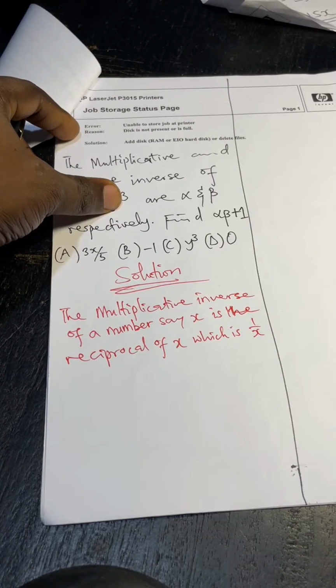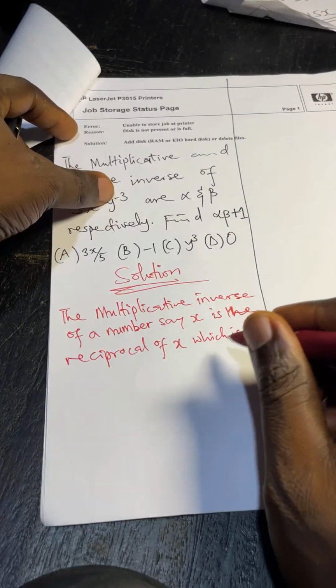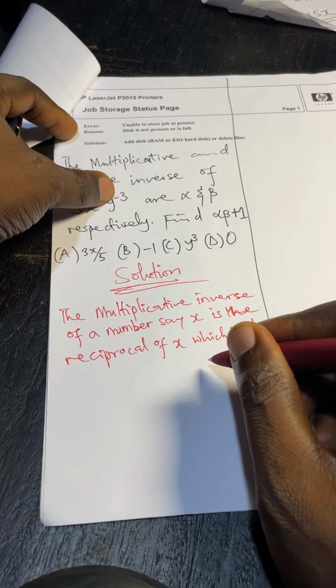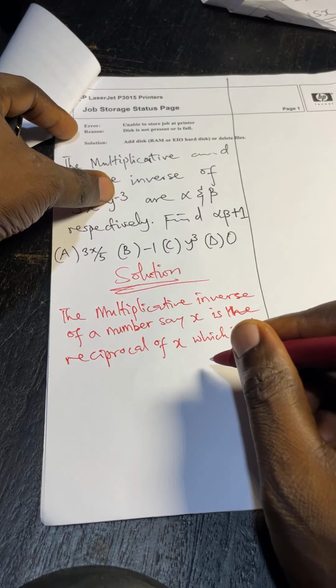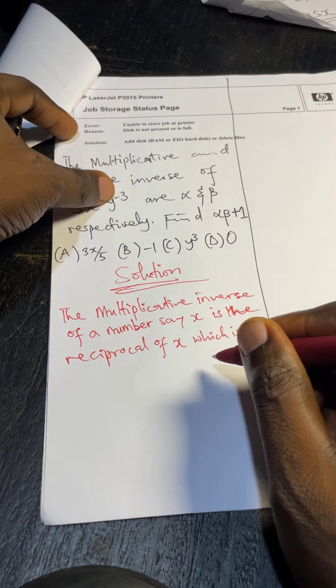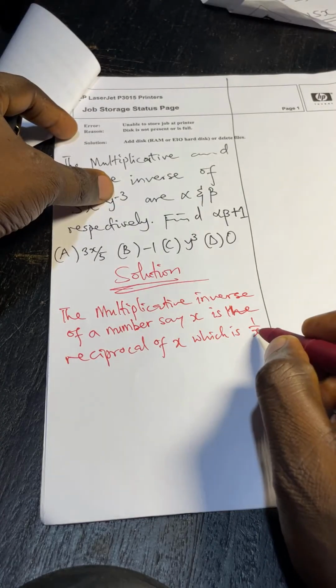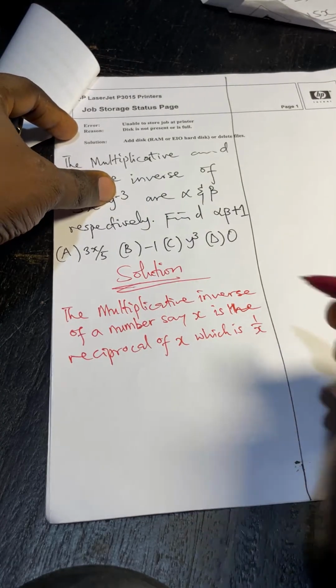It is the number which, when you multiply it with the given number, the result is 1. When you say x times 1 over x, it is 1.